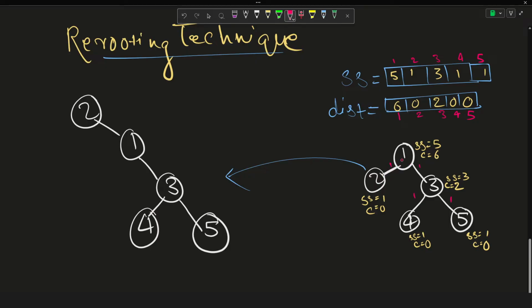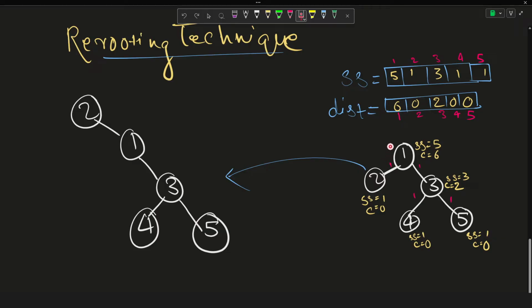Because right now this first vertex is also holding the value of the subtree size of 2, which is 1 here, and also the distance value of this 2. So both the subtree size as well as the distance value of this second vertex are contributing to the values of this first vertex. But since now I want to treat this tree independently, for that I have to first end the relation of these 2 with this one.